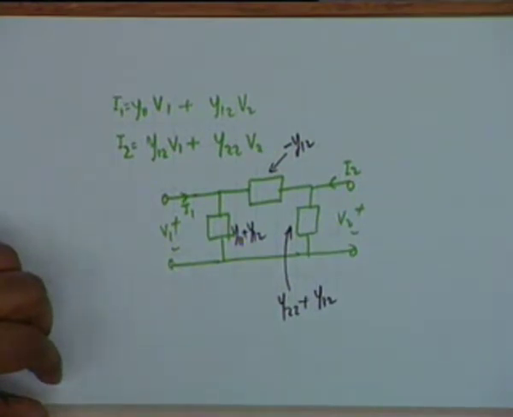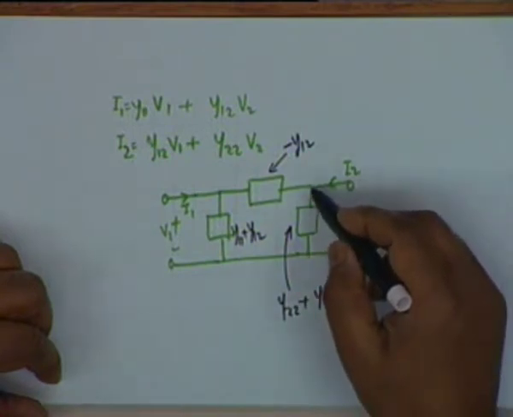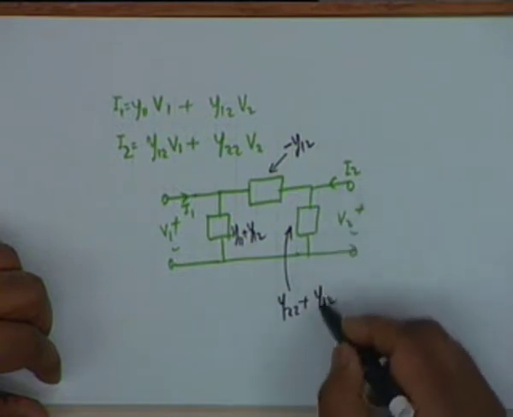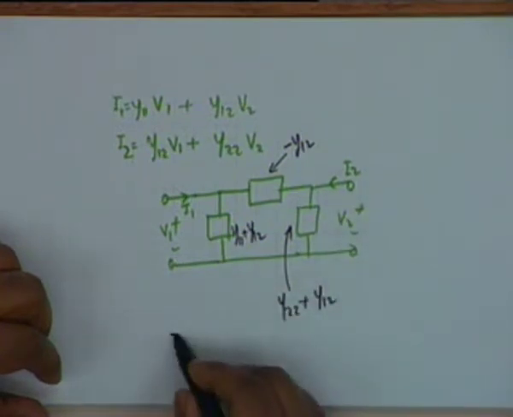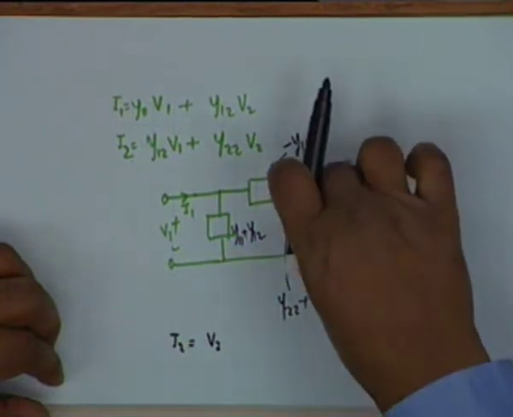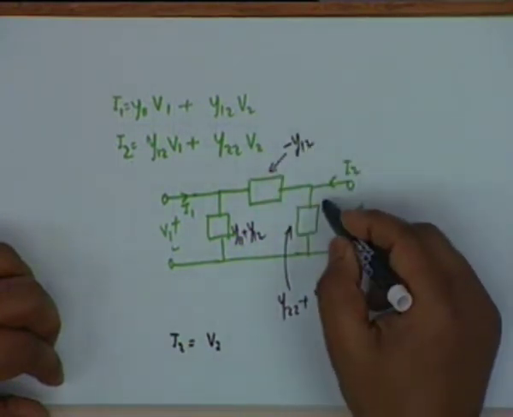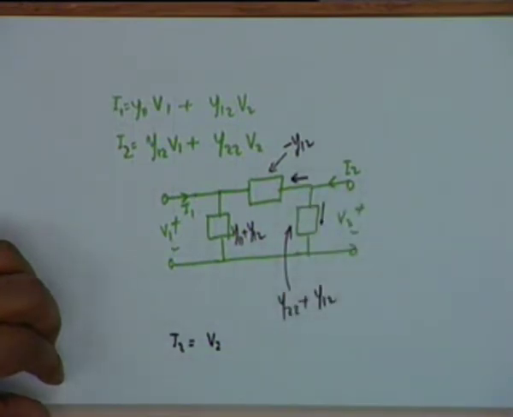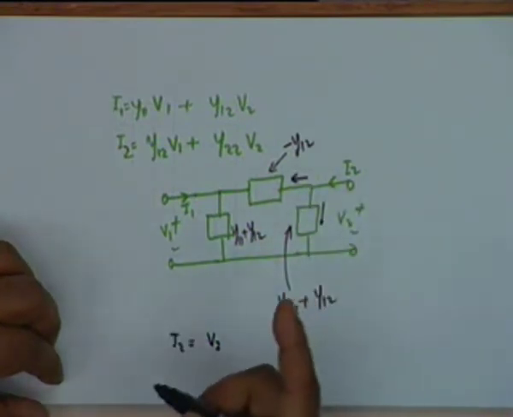For example, to verify that this is indeed so, if I write an expression for I2, you notice that V2 is the voltage across this element, so I2 is the sum of the current through this element and the current through this other element.